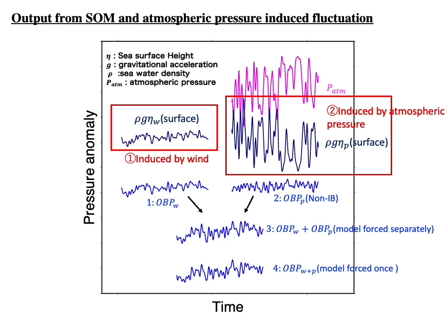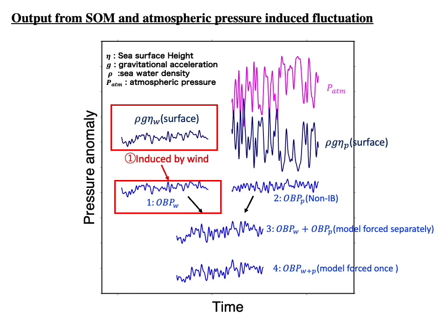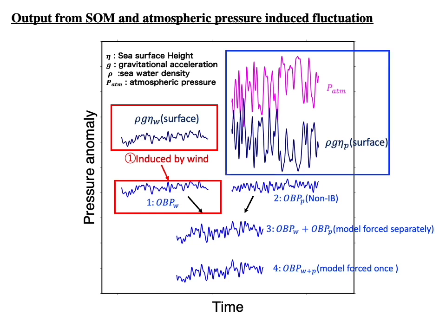In this figure, number 1 is wind inducing sea surface changing, and ocean bottom feels it directly because we use a single layer model. And number 2 is sea surface height changing induced by atmospheric pressure. If the inverted barometer response is completely realized, the magenta graph and navy graph are just flipped, and ocean bottom doesn't feel those variations.